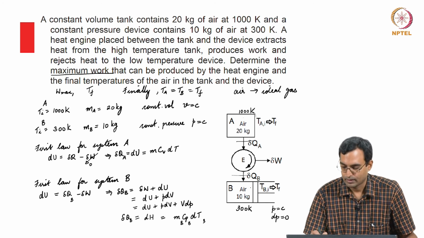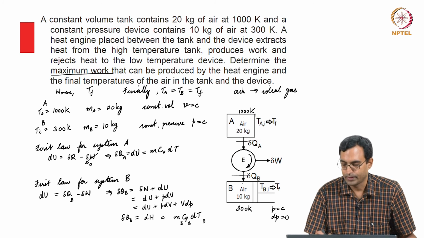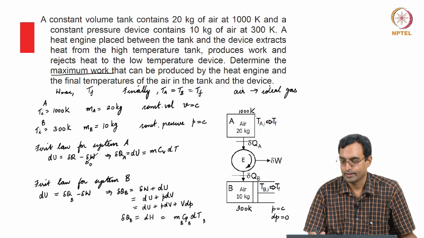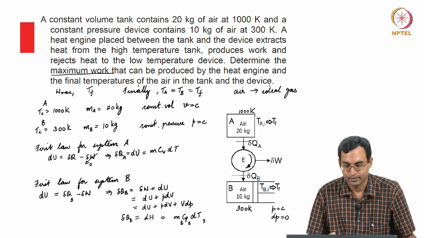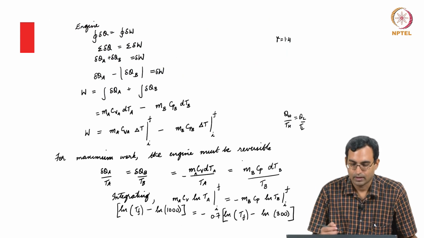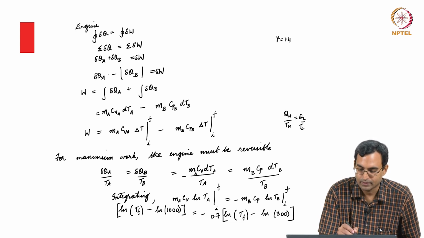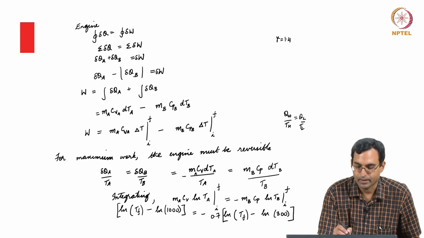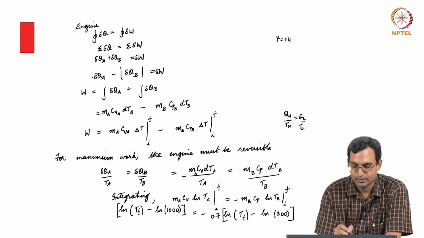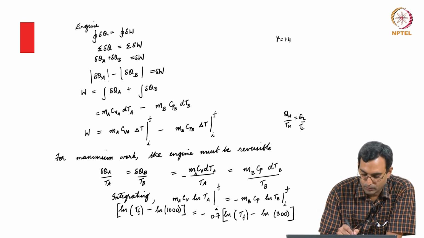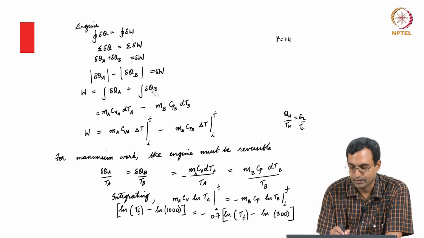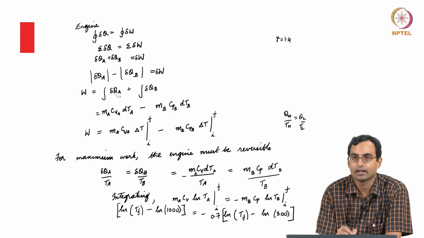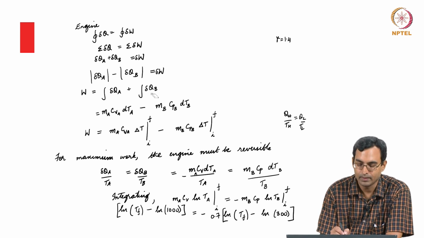Similarly, what I found out as del QB is for this system where heat is entering the system and it would be positive. For the engine that would be reversed. So, what I had written here as del QA minus del QB, what I should possibly do is put a mod in all of these so that I get the correct signs. This expression is correct provided I use the correct signs for del QA and del QB.